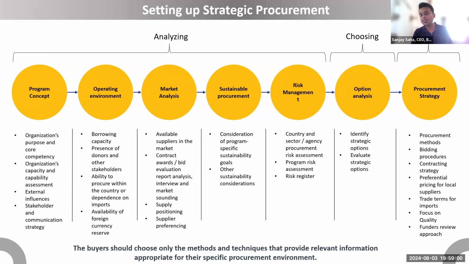Then once you do all that, then you choose some options, strategic options. We will discuss that very shortly. And then finally, your plan on how to receive those products that you need, get those products in country that you need. Okay, so that is a full detailed overview of how to set up strategic procurement within your organization or your state.